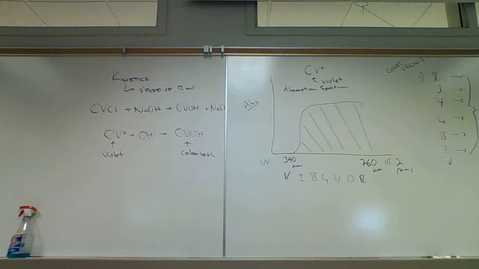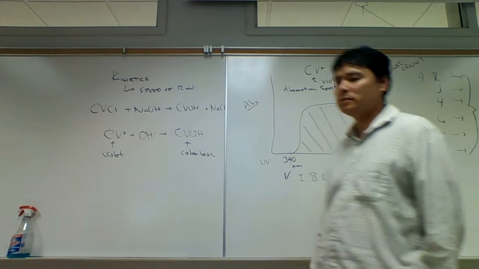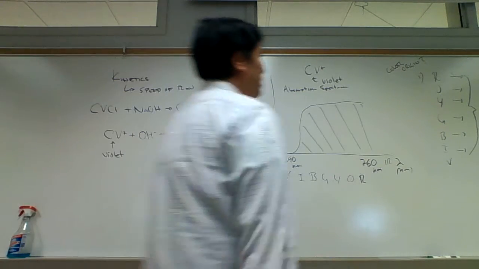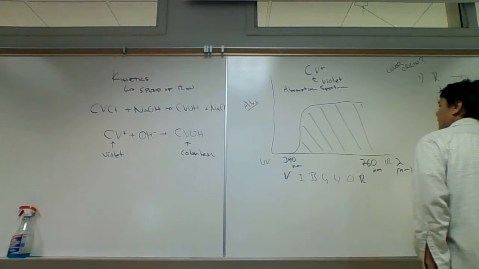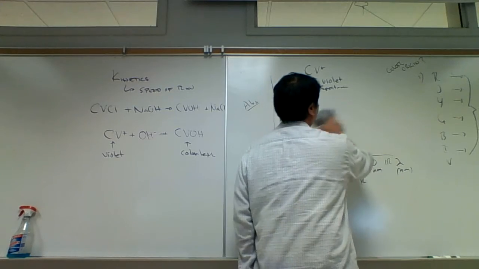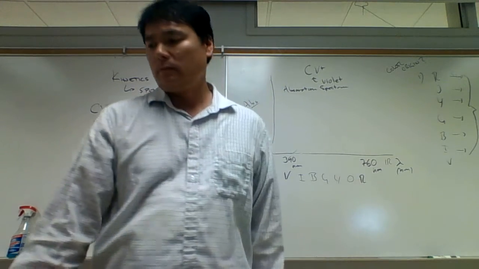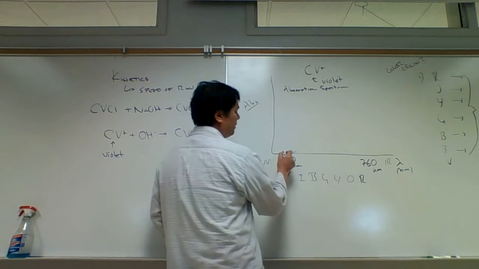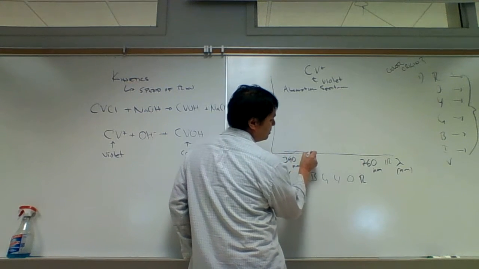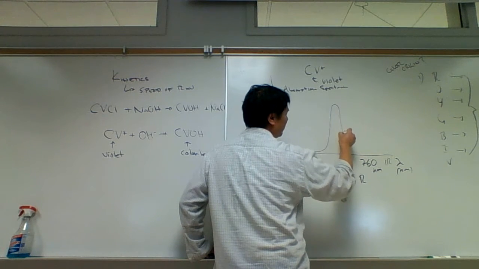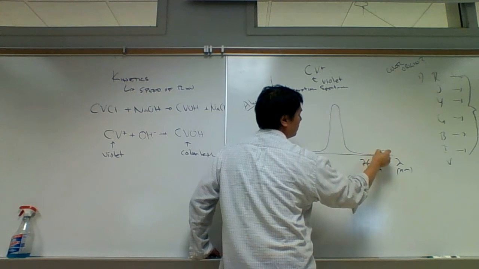The spectrum could tell us this, because the spectrum will look different. In this case, the spectrum will look like this. It doesn't absorb here, and then all of a sudden as we get close to yellow, we'll have an absorption band here. Like this.